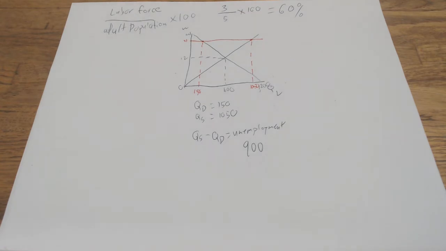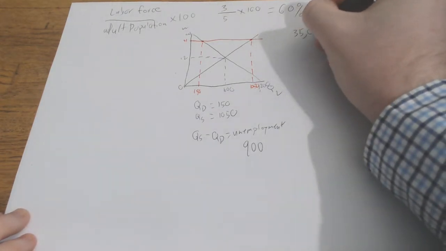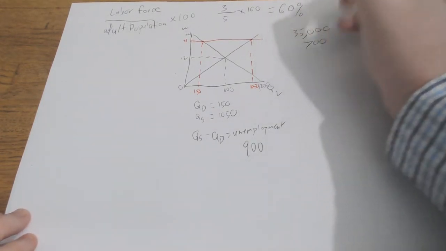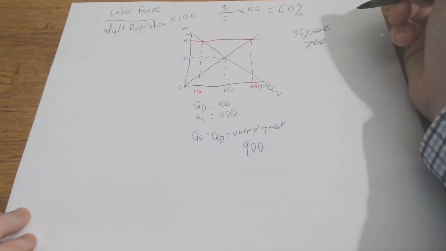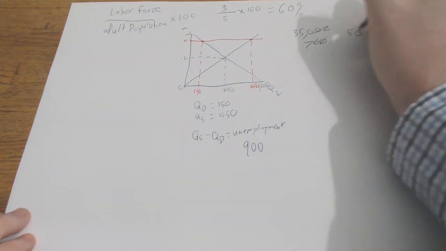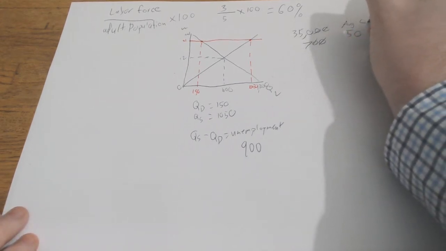We could just divide 35,000 by 700. Cross out the zeros. 7 goes into 350 50 times. So this is going to be our average cost.